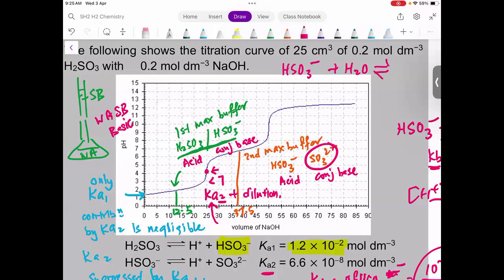I'm saying that it's more willing to donate H plus to water than to accept a proton from water. So it's the hydrolysis equation. Any other question?